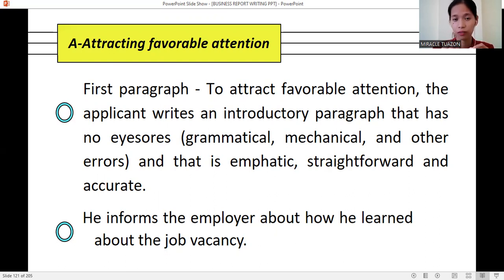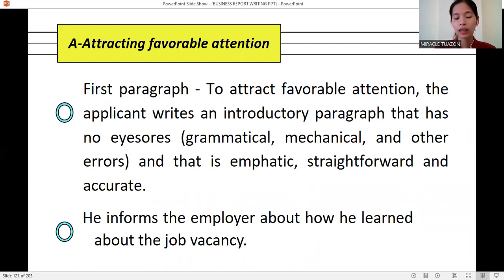Grammatical errors, of course, the grammar, the parallelism, the coherence. The mechanical errors include the spacing, margins, capitalization, as well as the punctuations.